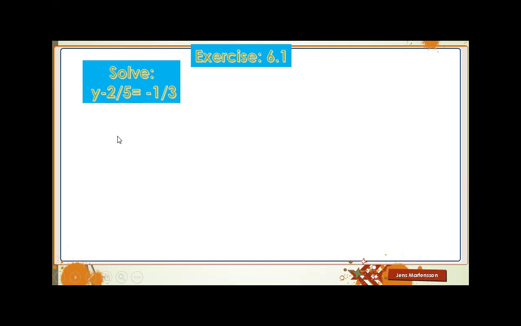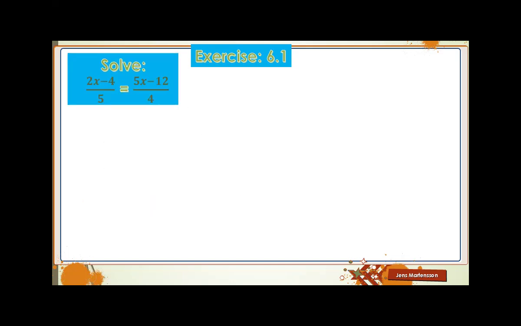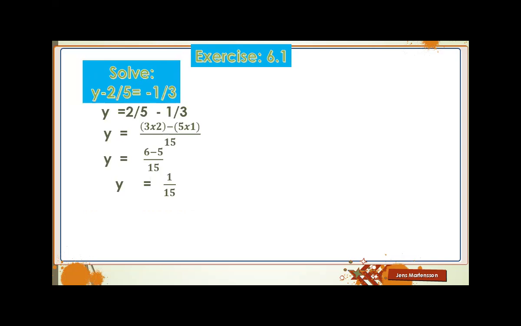So when it moves to the right hand side, it becomes plus 2 over 5. Plus 2 over 5 minus, already we can see that minus 1 upon 3 is written over there. So this minus 2 over 5 will move to the right hand side and it becomes plus 2 over 5.